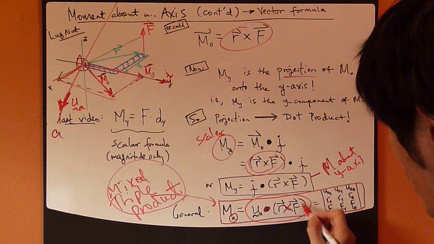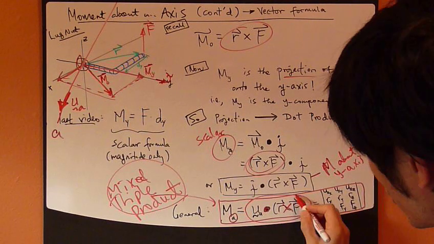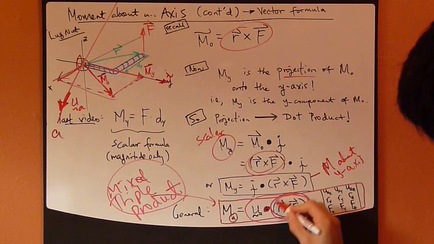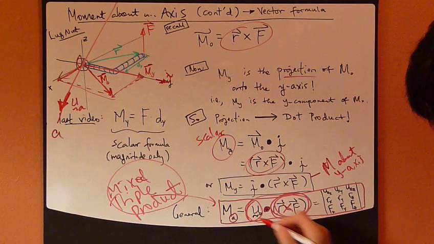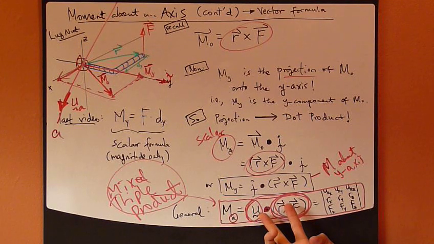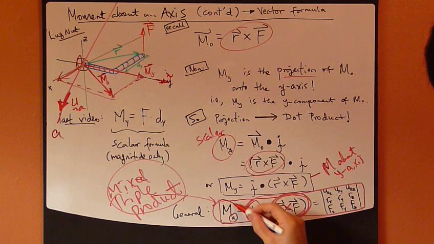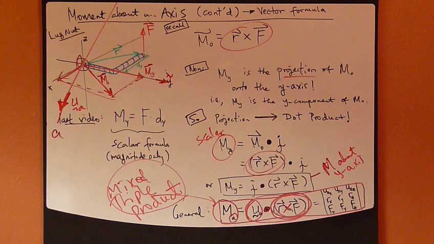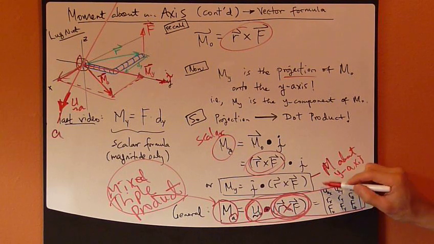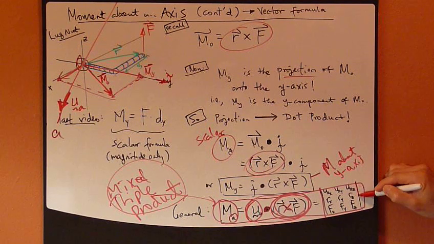You do the cross product first, and then you dot the resulting vector with this other vector. The end result is a scalar.